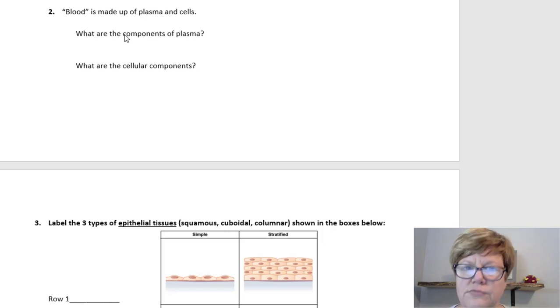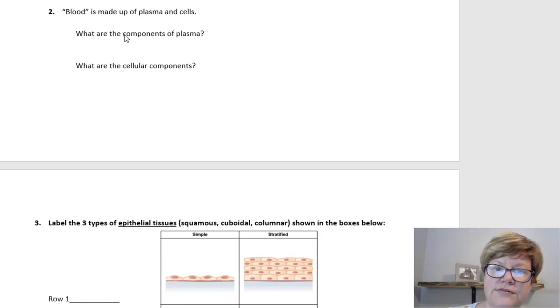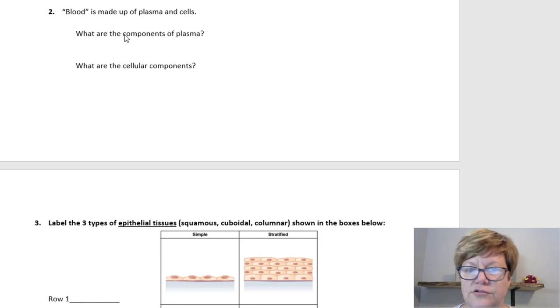Bicarbonate helps to regulate the pH of your blood because it's a buffer, which you may recall what a buffer is. It can reduce and raise the pH of the blood to try to keep it at a stable level. And then the cellular components of blood. So there's really 3 cellular components of blood, or at least this is how we, again, make these little columns.